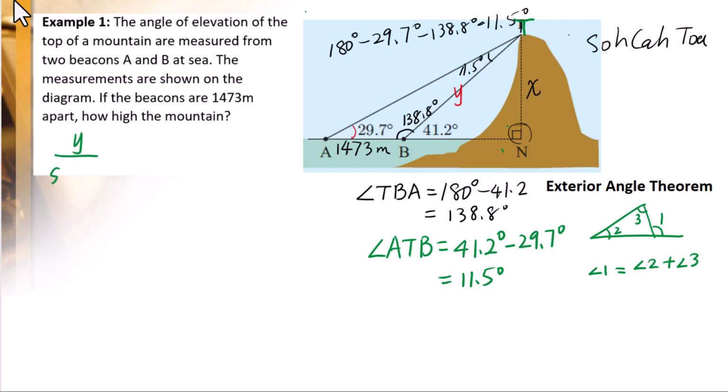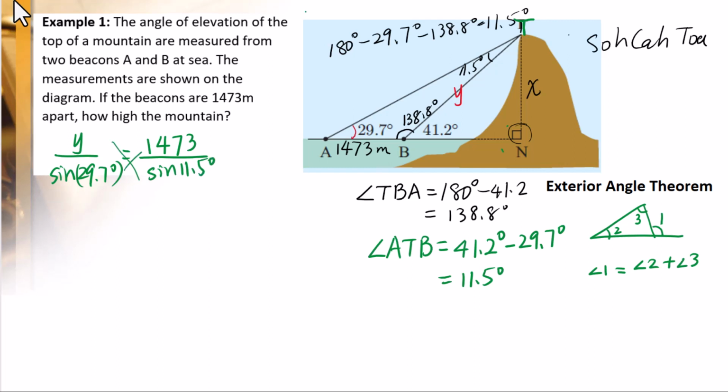Y over sine of the corresponding angle, 29.7 degrees, equals 1,473 over sine 11.5 degrees.